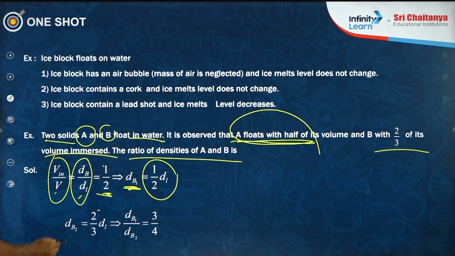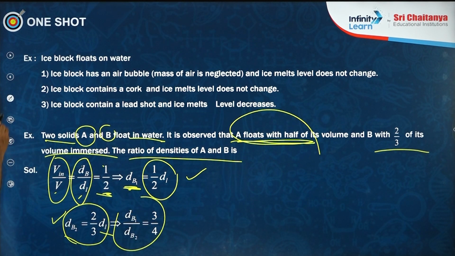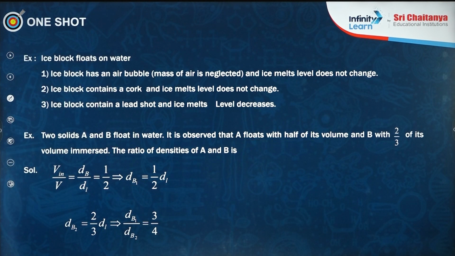So the density of the second body is 2/3 into density of the liquid. If you divide, we get the ratio 3/4, that is the ratio of densities of the two bodies.